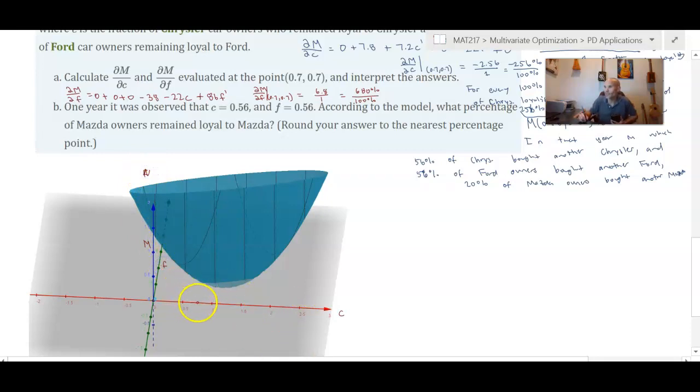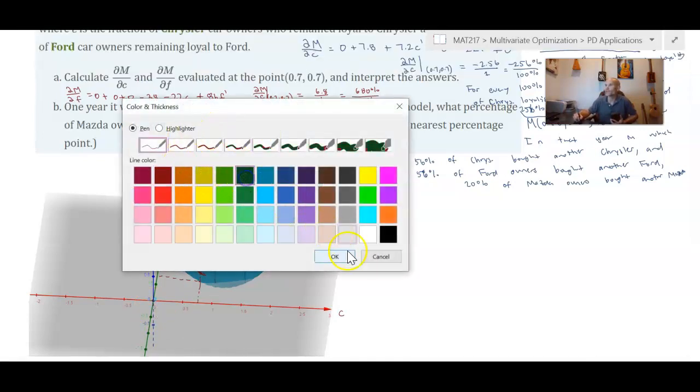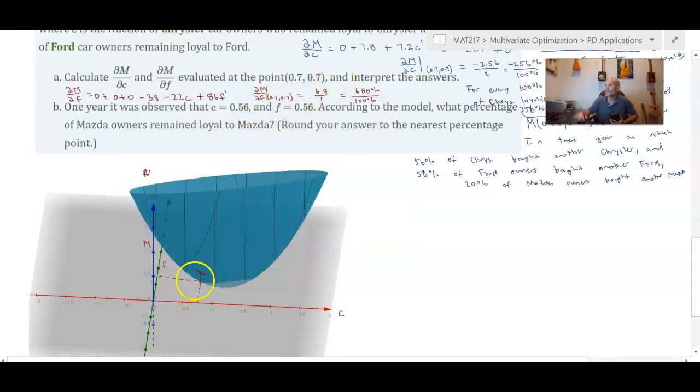So at 0.7, which is roughly about here, at this point right above on the surface, if you move 1 unit in the C direction, you get a decrease in the fraction of Mazda loyalists. However, if we consider a change in the F direction, then we're actually traveling up that paraboloid.